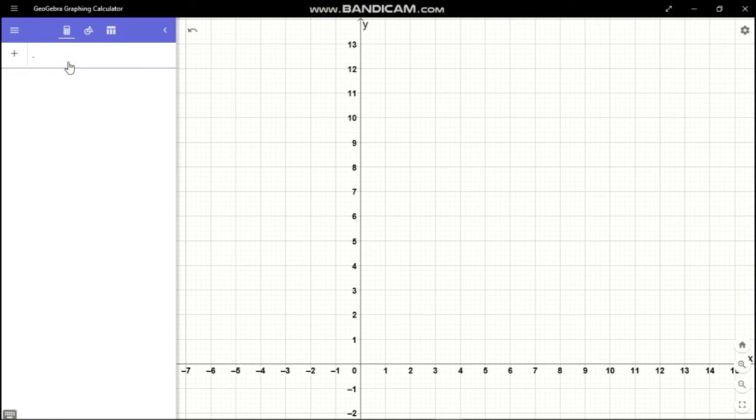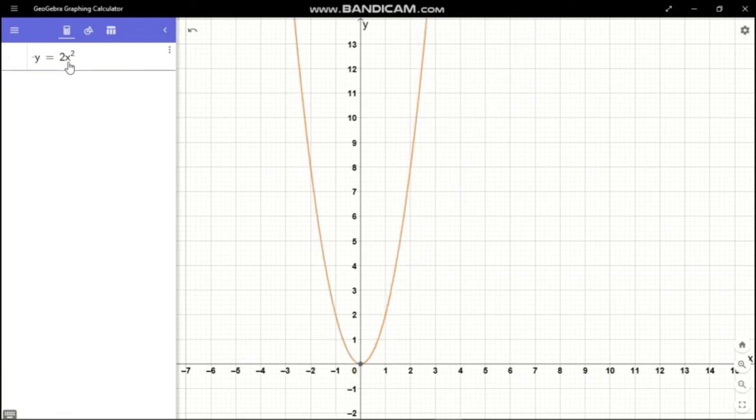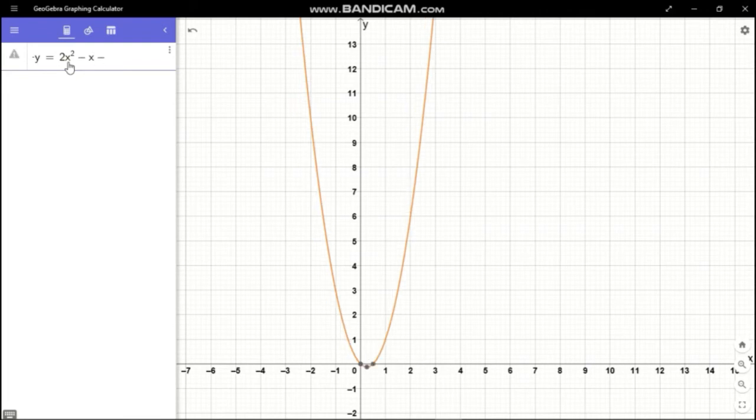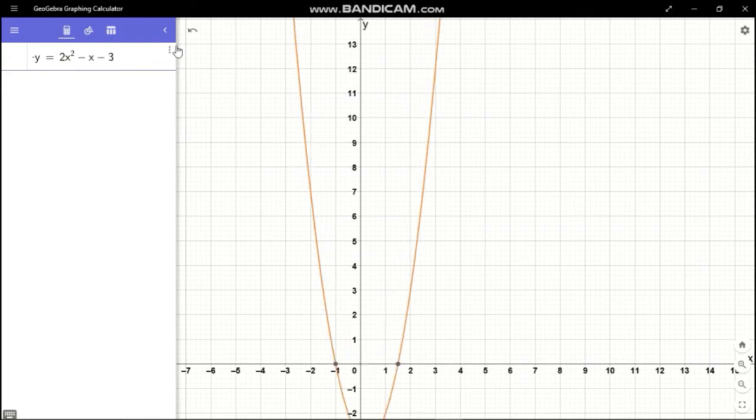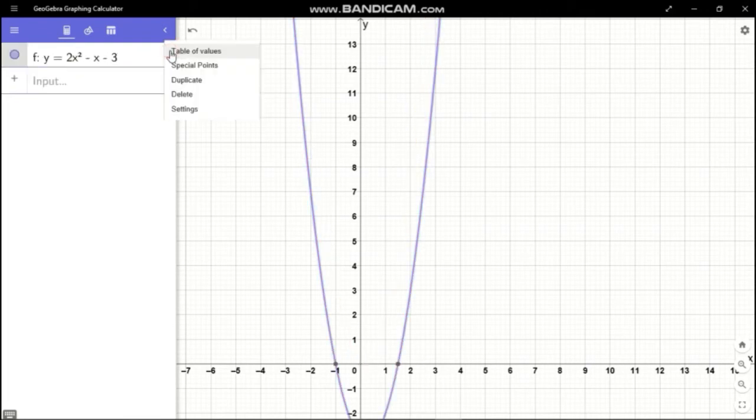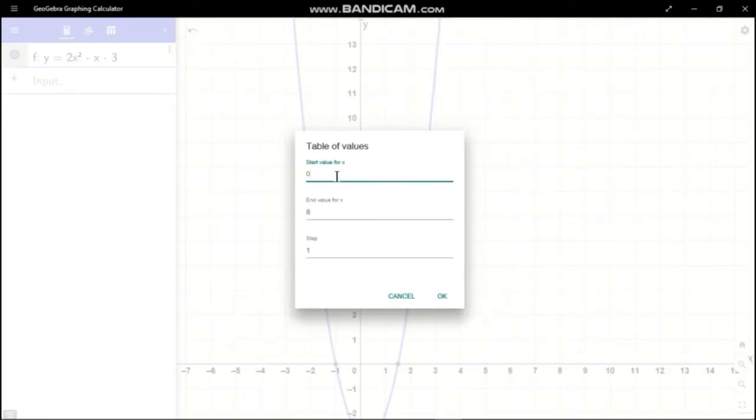So here we have our equation, y = 2x² - x - 3. And then choose the 3 dots there, table of values, and then the start value for x is -2, and the end value for x is 5, step is 0.5.